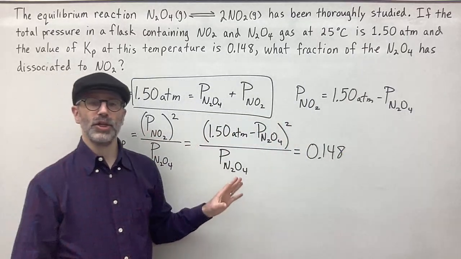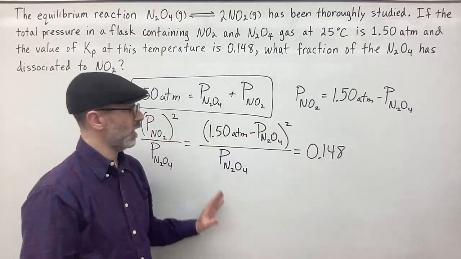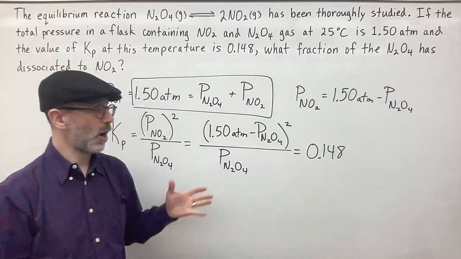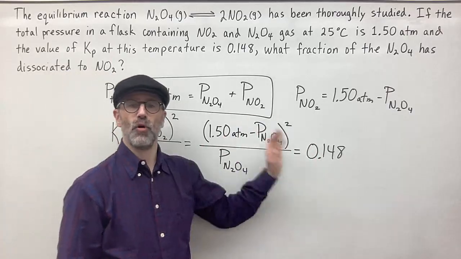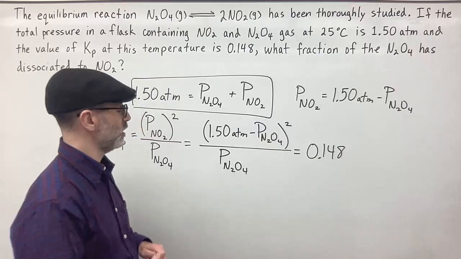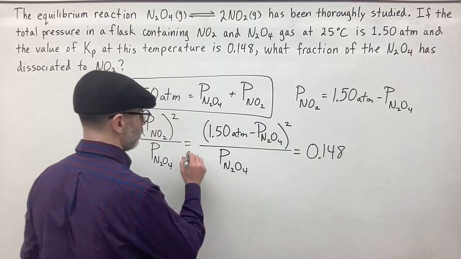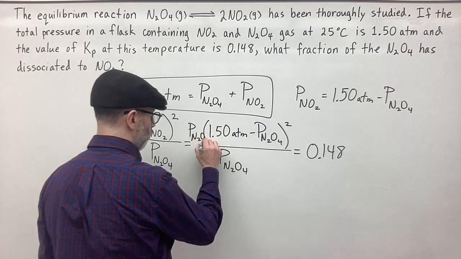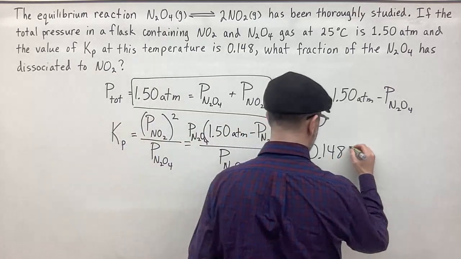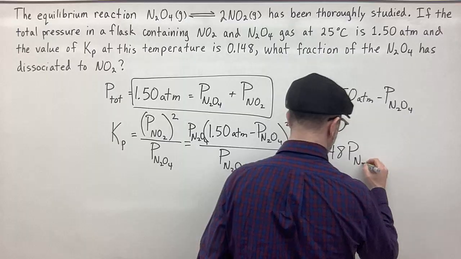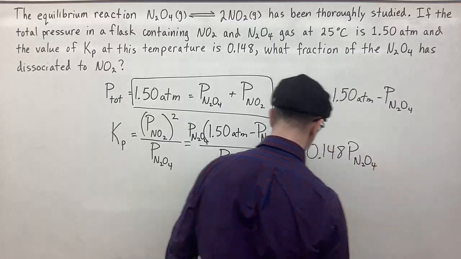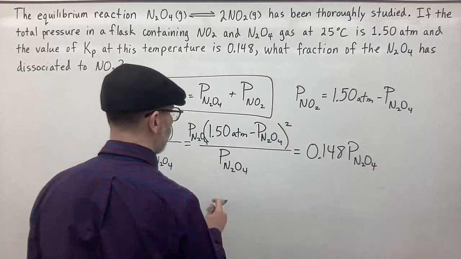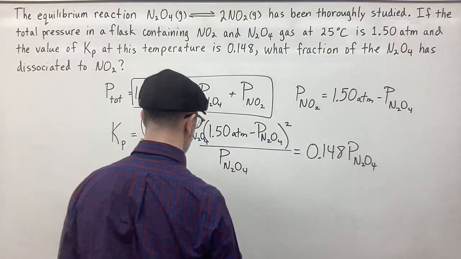So now what we can do is solve this and get this into the form of a quadratic equation. So if we multiply both sides by the partial pressure of N2O4, and then we can expand this as well.